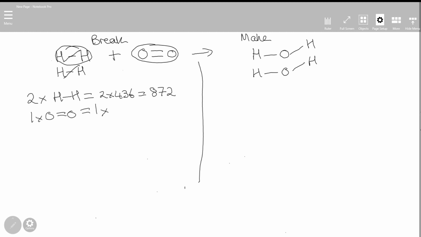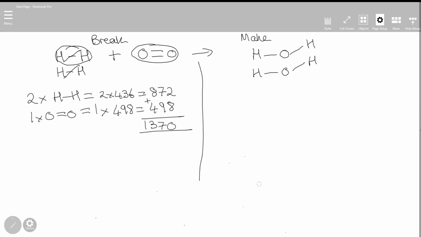And if we look at the table of data, an O double bonded O has a value of 498. And then all we need to do is add those two values together to work out the total amount of energy that has been required to break bonds on this side. So adding those two numbers together, we get 1,370.